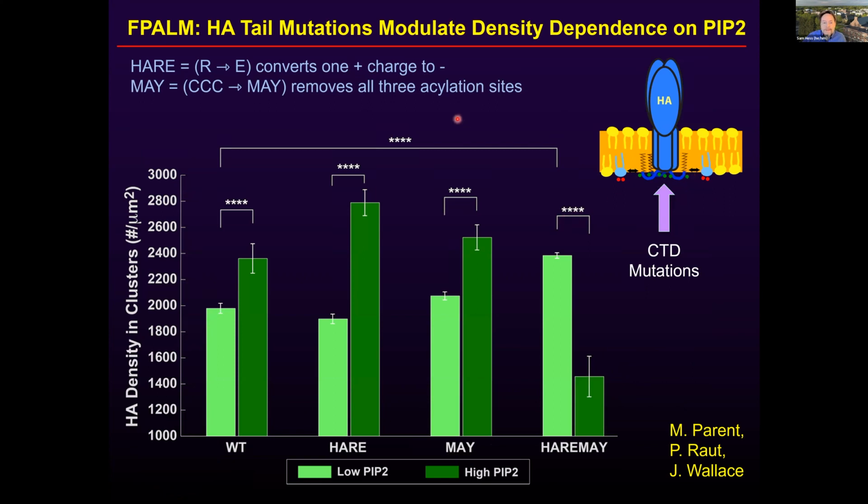If we remove the acyl groups, that's one mutant, and we change the positive charges to either negative or neutral, that's another, we don't really see alone a fundamental change in the attraction of PIP2 to HA. But when we do both, remove the charge and the acyl groups, we fundamentally change the interaction between HA and PIP2, suggesting that the tail is a major part of this interaction.